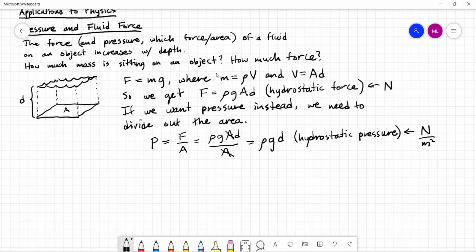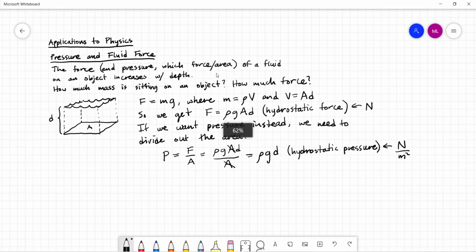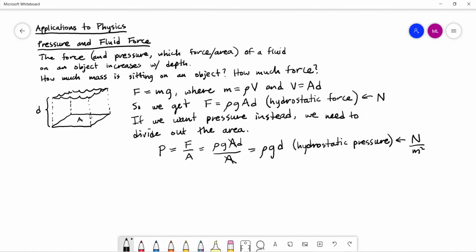So one thing that is slightly less intuitive than this, because this is pretty easy to show, right? We just literally looked at a picture that showed this volume of water pressing down on this plate, this region with an area of A, and this all followed from relatively basic understandings that mass is going to be the density times the volume, and the volume is going to be the area of the base times the height.